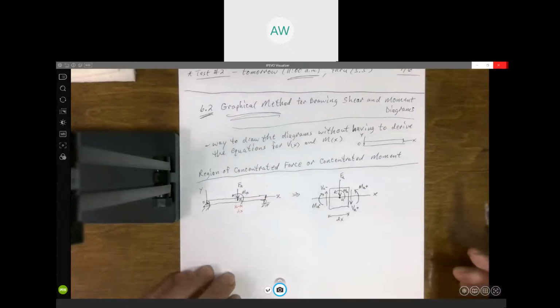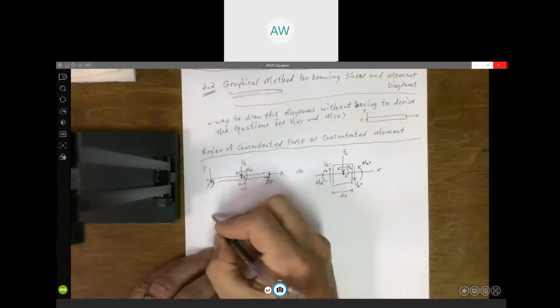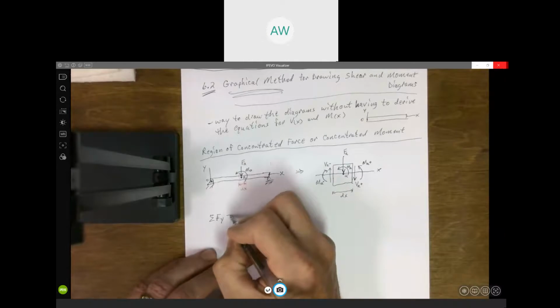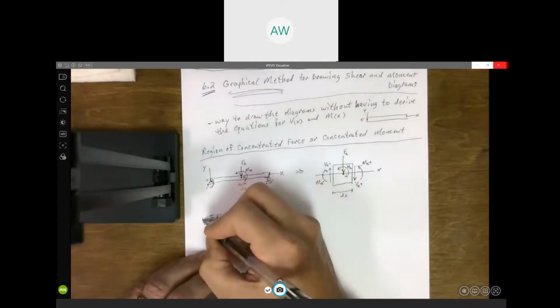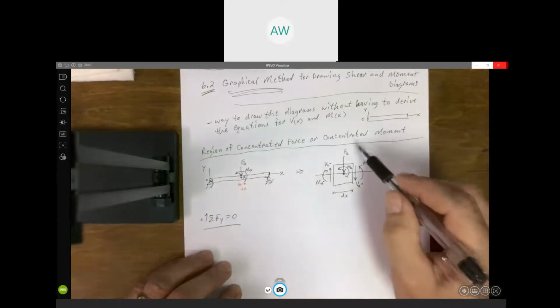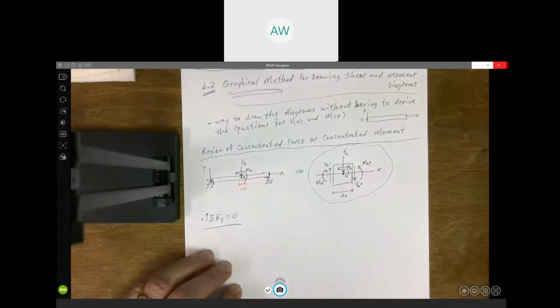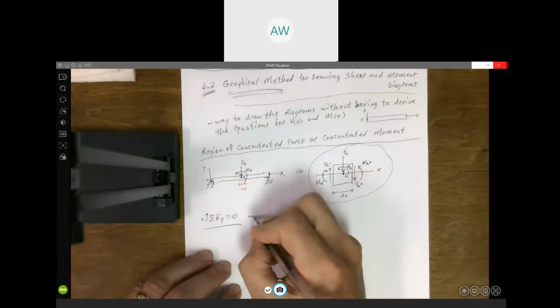That's our goal. So what we're going to do is sum the forces in the y direction. This is in equilibrium. Everything we deal with in this class is in equilibrium. So when I'm looking at this free body diagram, all the forces in the y direction have to add up to 0.